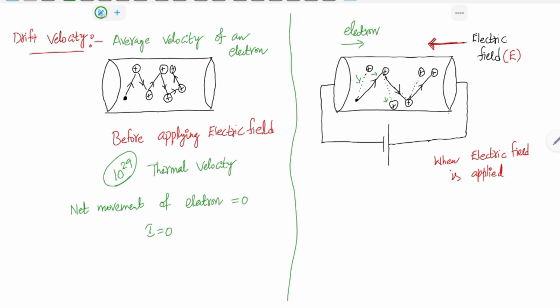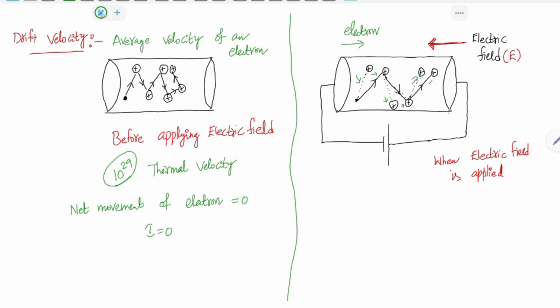Instead of colliding with this positive ion, it will collide with this positive ion. Now, after colliding with this positive ion, it will gain a new velocity, and actually it has to hit this positive ion, but because of the applied electric field, it hits this positive ion.